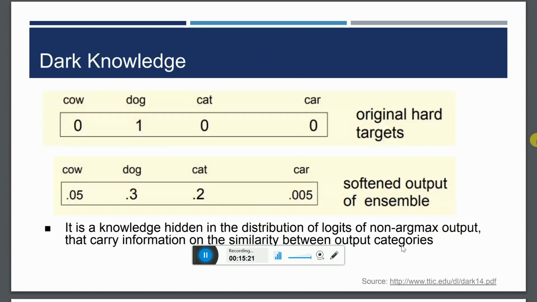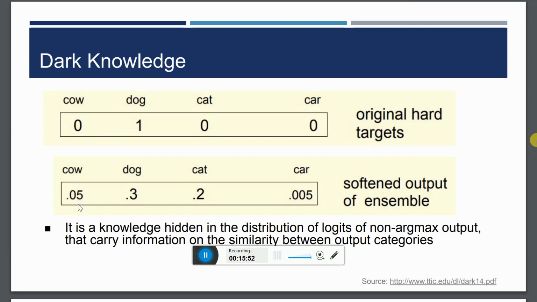Before going forward, I would like to introduce another term, which is dark knowledge, which will be required later. In the first diagram, we can see a one-hot encoding of the output, and in the second, a probability distribution of the logits. The first only says that this image is a dog, which doesn't reveal any other information. However, the second consists of probabilities, which contain very useful information.